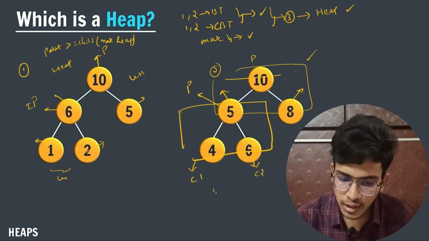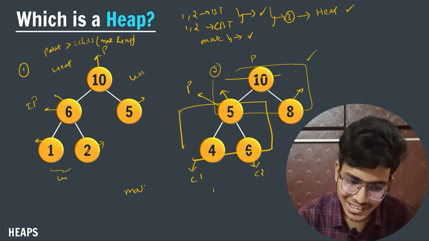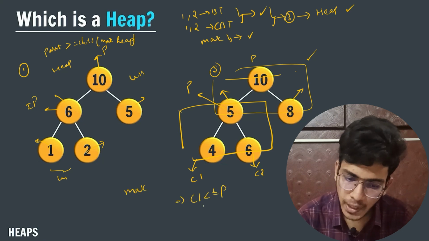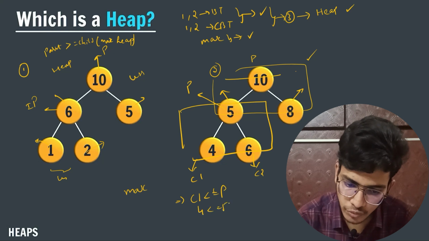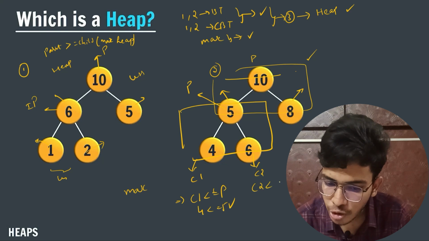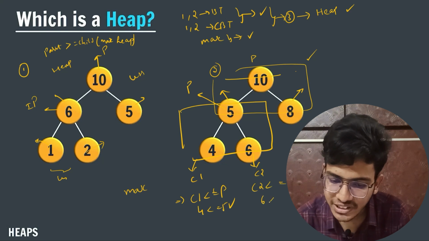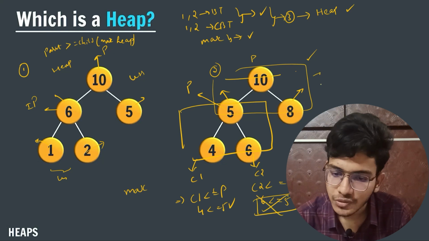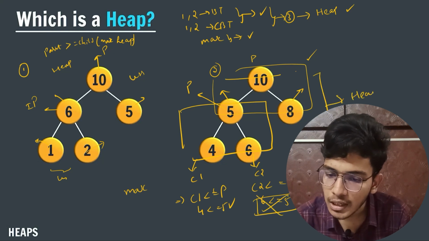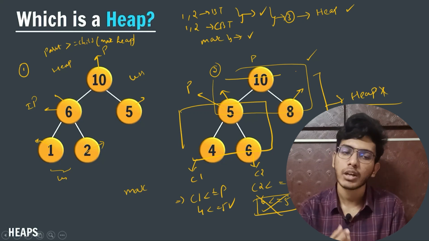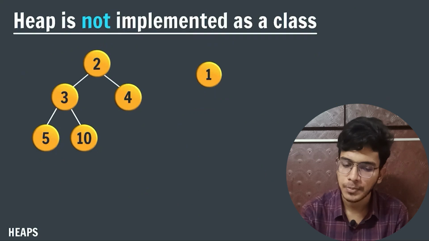For a max heap, my child value should be less than or equal to the parent. So 4 is less than or equal to 5. The condition is satisfied. Similarly, the second child C2 should be less than or equal to the parent. You can see that 6 is not less than or equal to 5. Because this condition is not satisfied, this is not a heap. I hope you have understood how we can check whether the given structure is a heap or not.